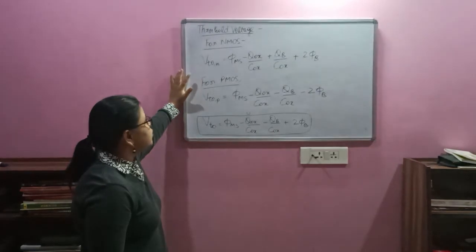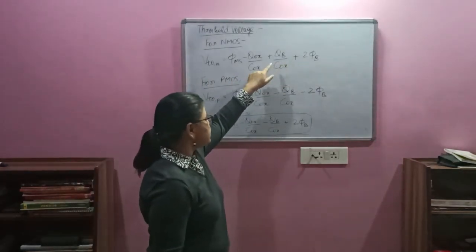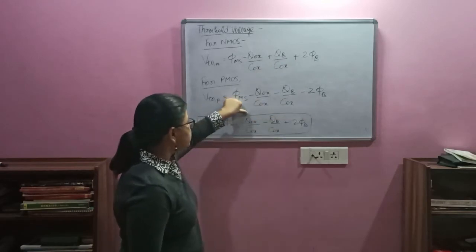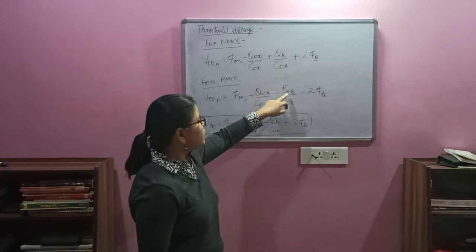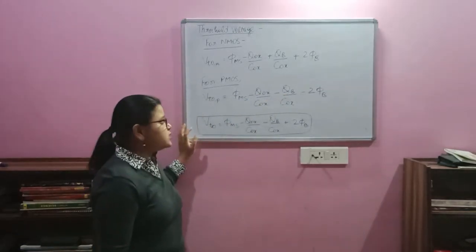If it is NMOS, then these symbols get changed. Rather than minus, they will have plus, and if it is a PMOS, then these are going to be changed. This is because of the bulk charge density QB, or the depletion region charge density.